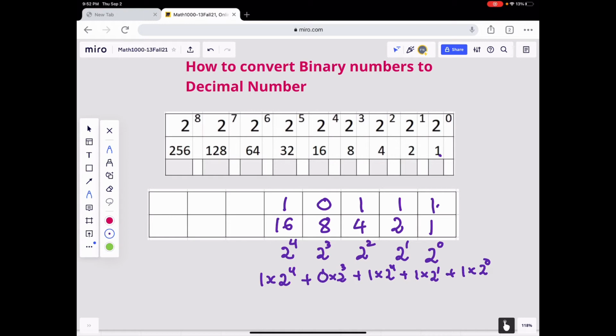So I don't have to worry about this one, I don't add that one, because that equals 8. So I add all these numbers together. 16 plus 4 equals 20. 20 plus 2 equals 22. 22 plus 1 equals 23. So this is the way you convert from binary to decimal number.